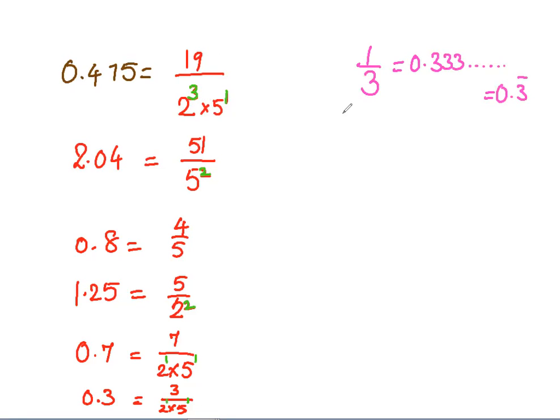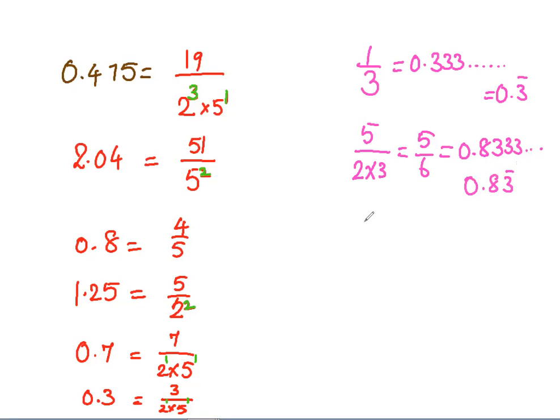If I take 5 by 2 into 3, with another number 3 other than 5, that is 5 by 6. Here we get 0.8333, non-terminating but repeating or recurring decimal, 0.83 bar.